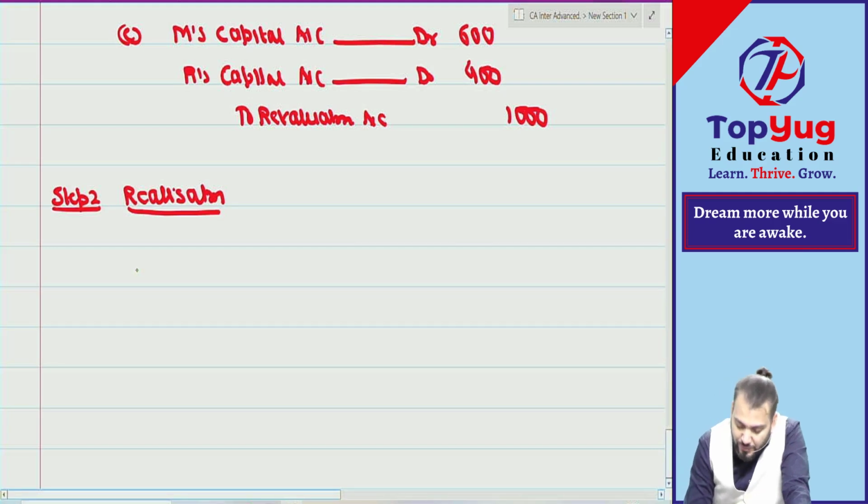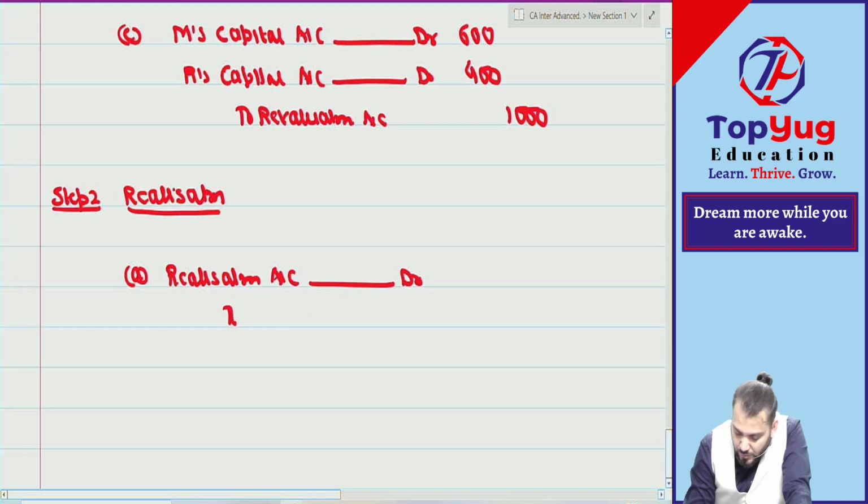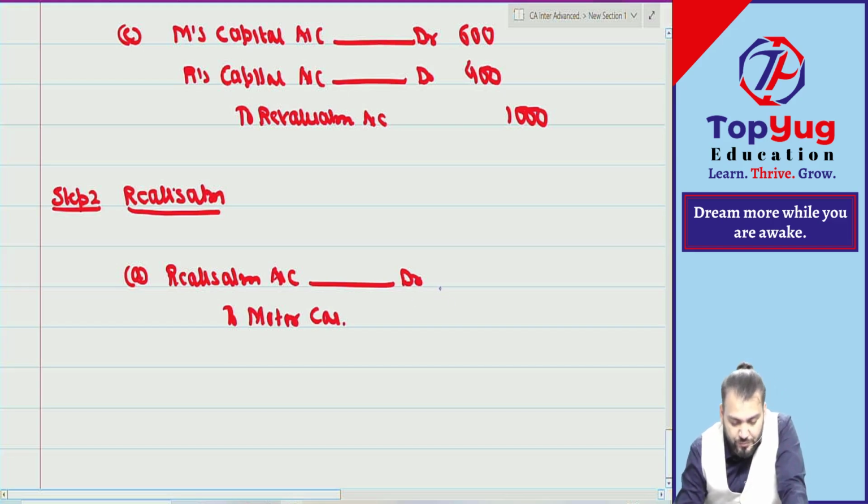So what journal entry? Realization account debit to motor car. How much? Book value 12,000.